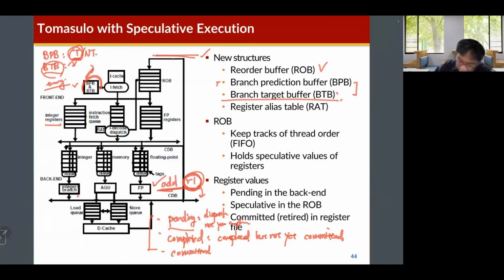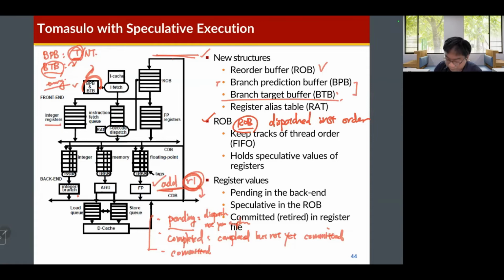And then the ROB. This is the main feature of speculative execution. The ROB tracks the order of dispatched instructions. When the instruction is completed, the result of the instruction is stored in the ROB.